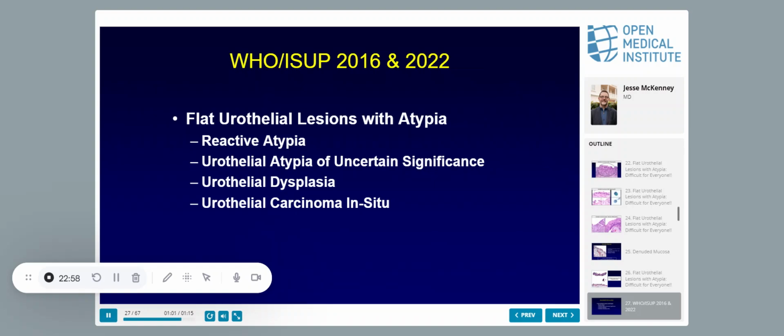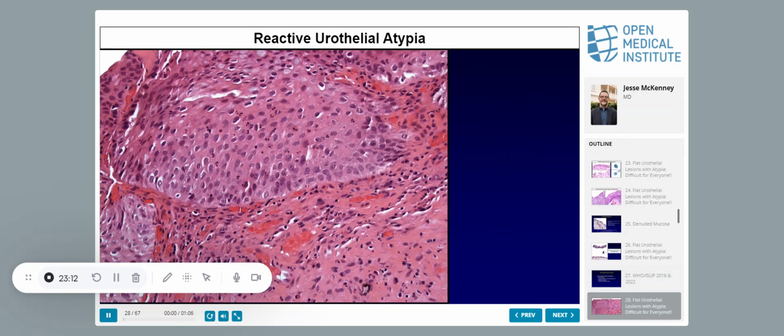All right, so we're going to do reactive atypia next, because remember, my goal here was to make everybody comfortable with CIS, and now I want everyone to get comfortable with reactive, and then everything in between, we're not going to worry about. Okay? So to me, this is classic florid reactive. It's very common to have neutrophils mixed into the urothelium, which you can see.